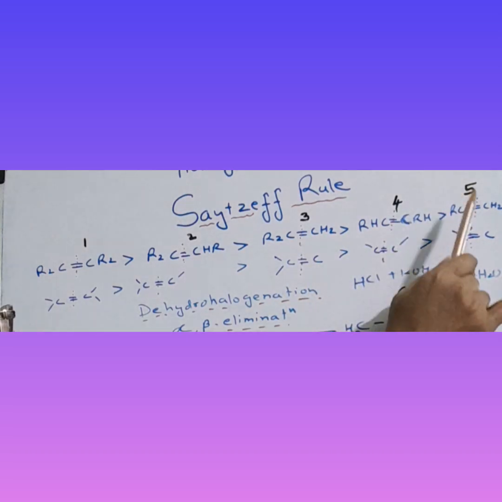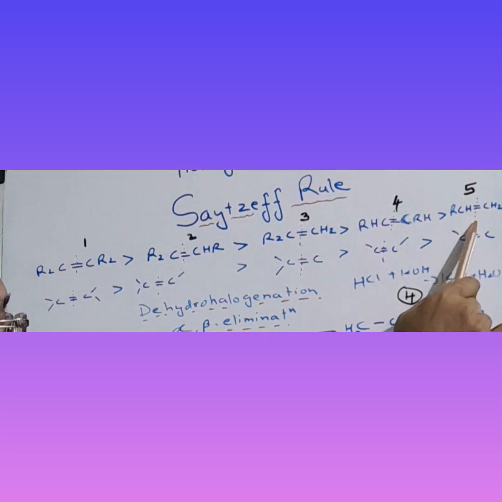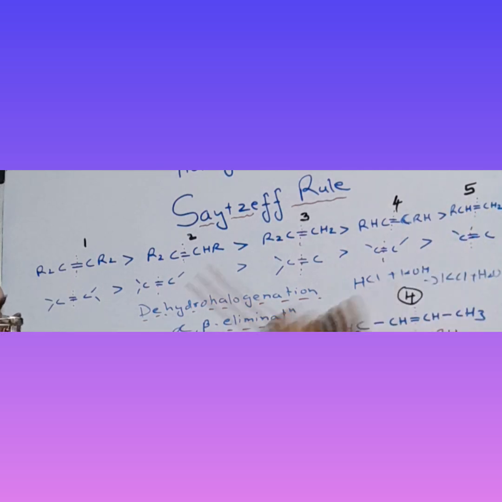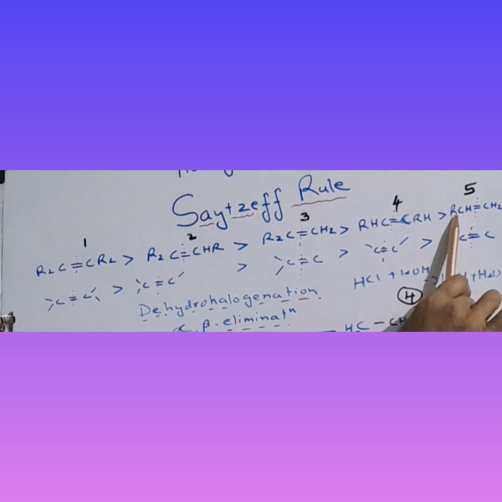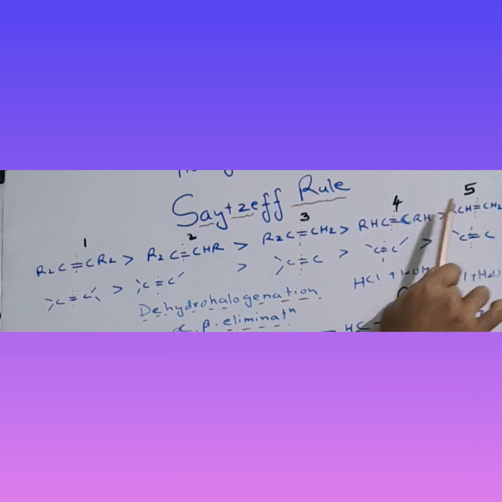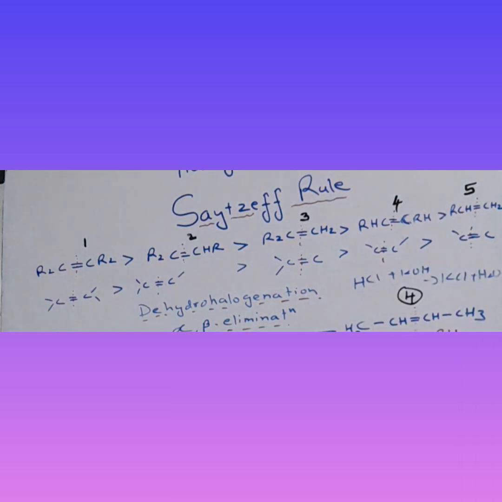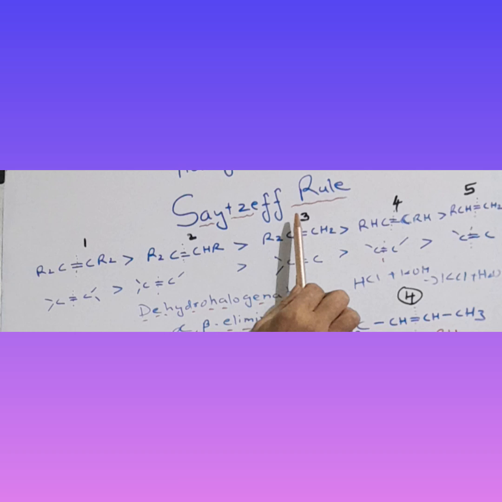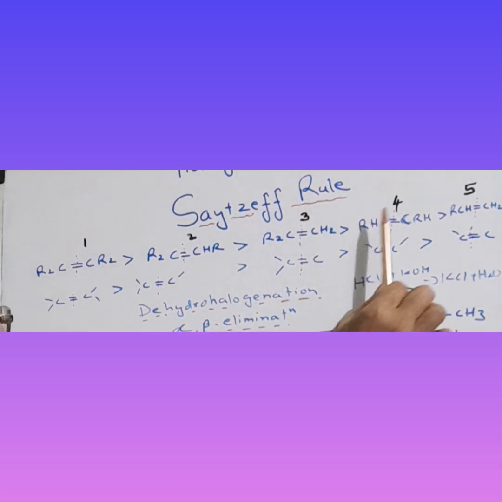Then finally the fifth one, the least preferred one, has 1 alkyl group. So in the last, least preferred case, we have 1 alkyl group on this side of the double bond. It could be on that side also. Anyways, 4 alkyl groups across the double bond, 3 alkyl groups across, 2 alkyl groups, and here 2 alkyl groups.